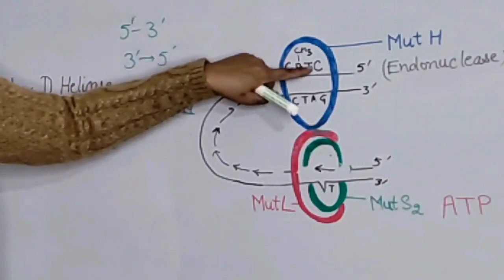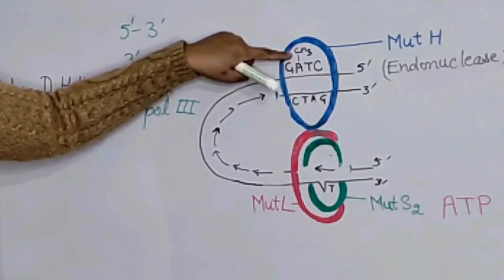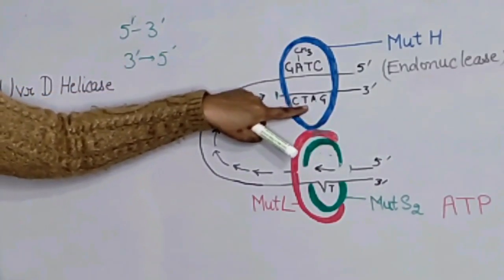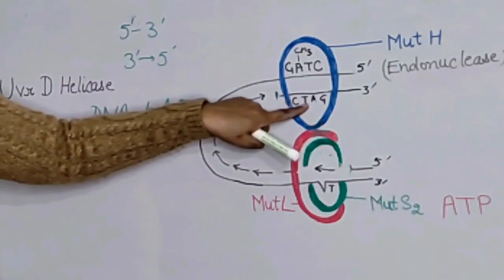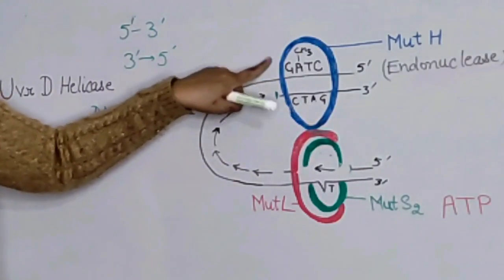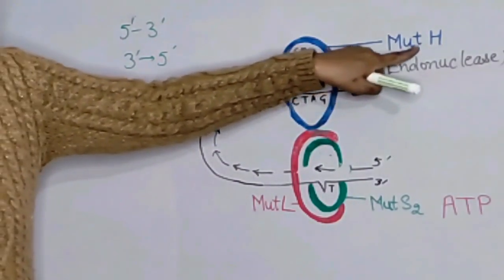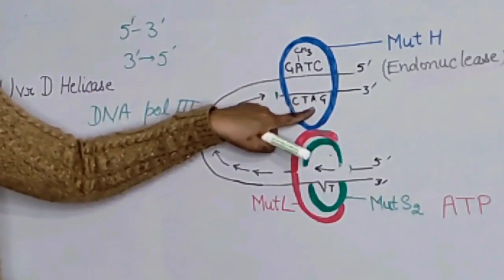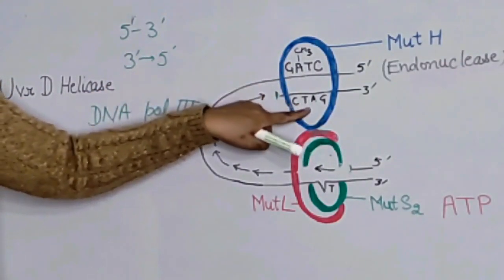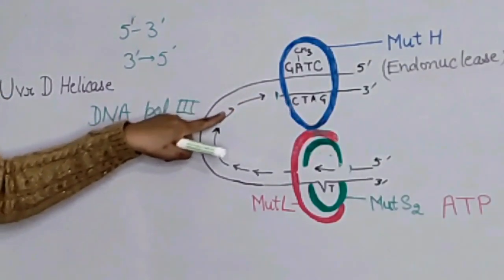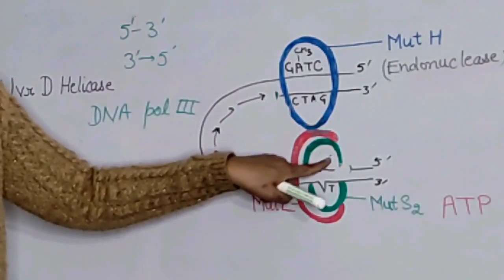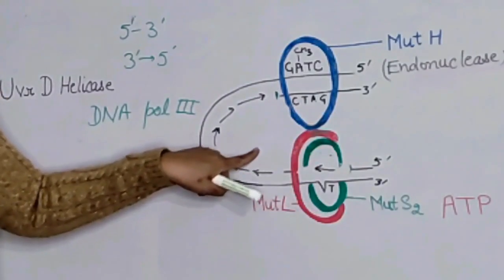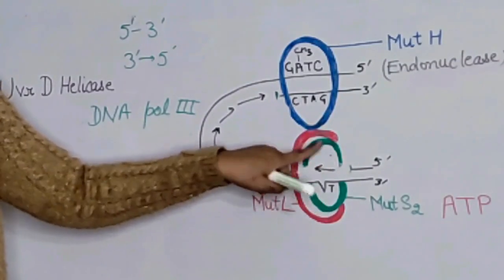These GATC segments are methylated in the case of the parent strand and are not methylated in the case of the complementary strand. So this is how MutH protein recognizes which is the parent strand and which is the complementary strand, because we know whatever base is present in the complementary strand must be the wrong one, the mismatched one.